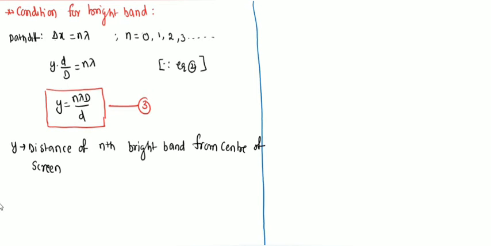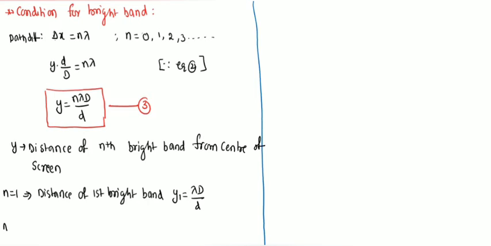Now, if you write n equal to 1, you will get the distance of the first bright band. The first bright band distance y1, substituting n as 1 in equation 3, is lambda D by d.